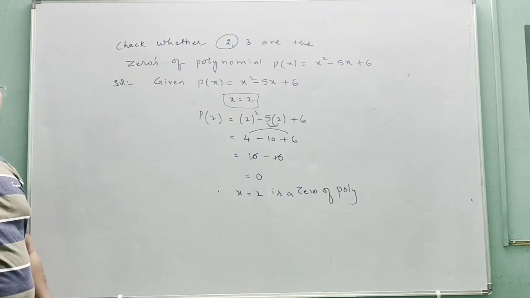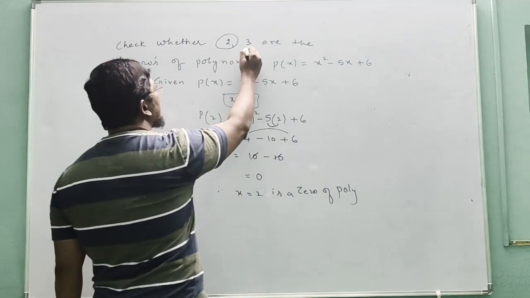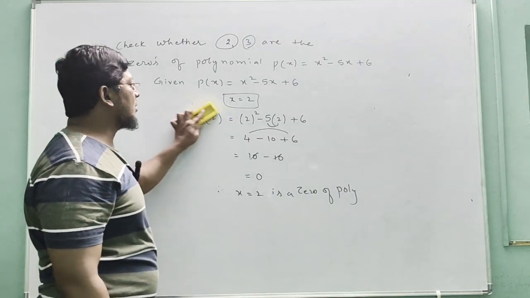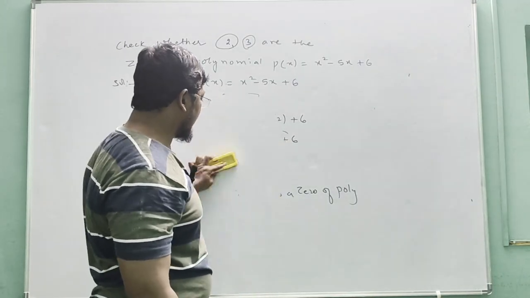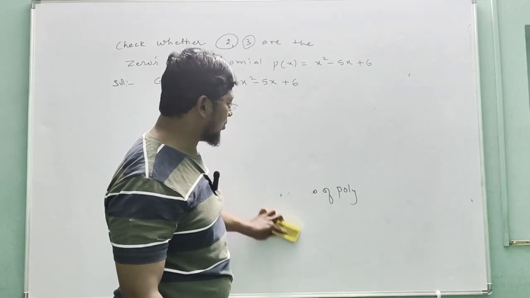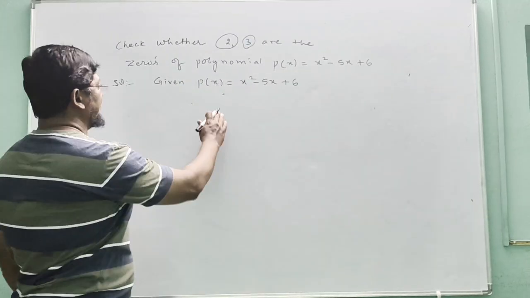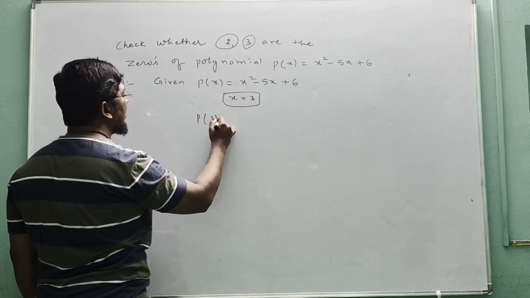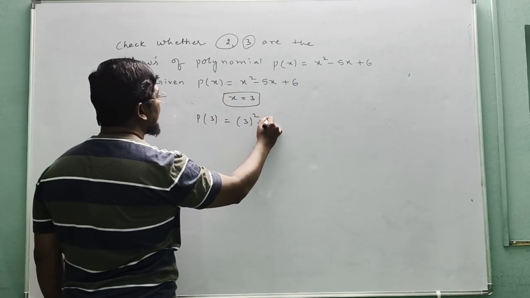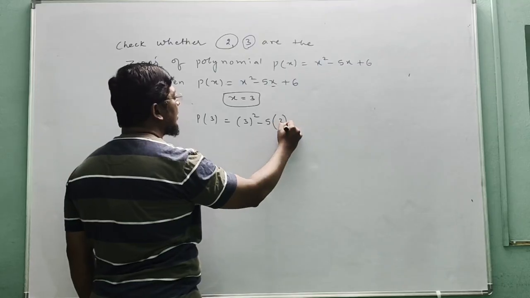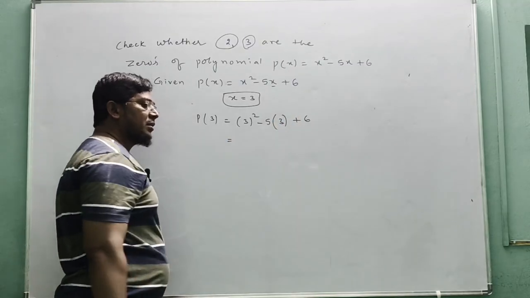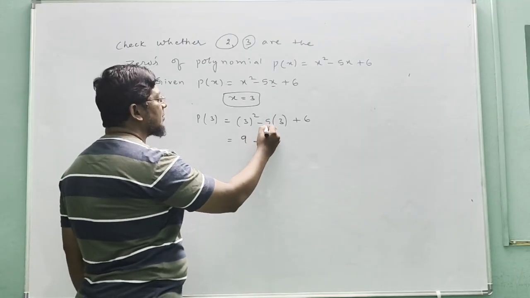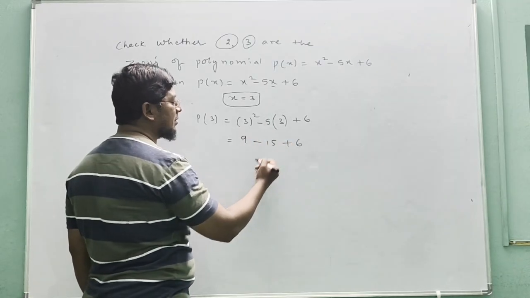Now what is the second value, sir? The second value is x is equal to what? 3. 3 we have to substitute. How to substitute x is equal to 3? Same method. The given polynomial we should write first. x is equal to 3, here P of 3. In place of x, 3 square minus 5 into 3 plus 6. 3 square means 3 into 3. What is 3 into 3? 9. Minus 5 3s are 15, plus 6.